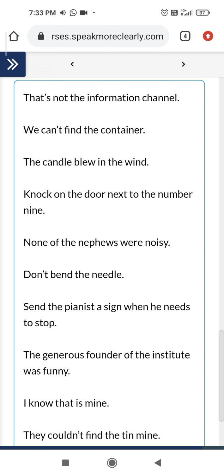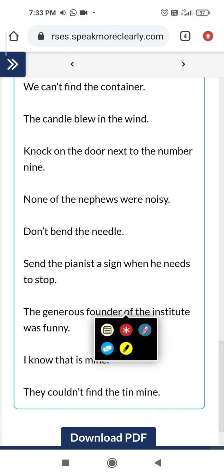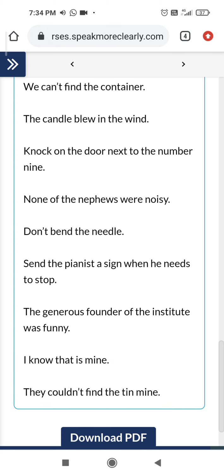Don't bend the needle. Send the pianist a sign when he needs to stop. The generous founder of the institute was funny. I know that is mine. They couldn't find the tin mine.